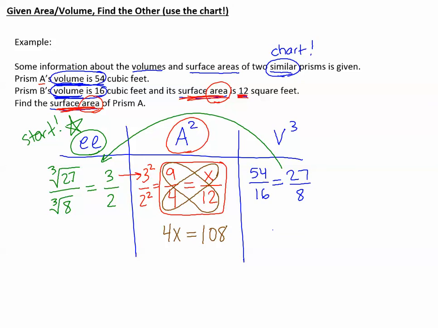And then to complete the solving, I need to divide both sides by 4, and therefore x equals 27. So what is the area of Prism A? 27 feet squared. Remember, area, square units.